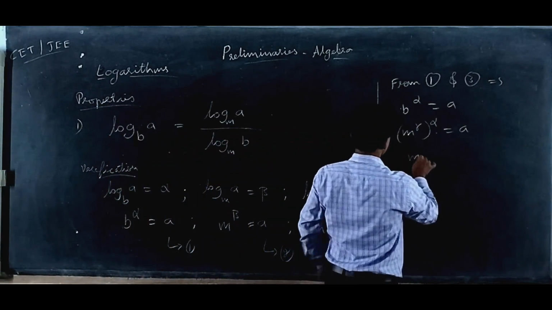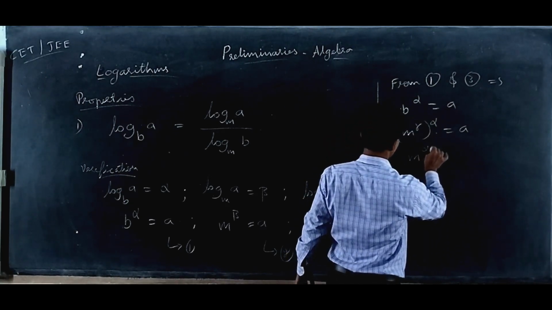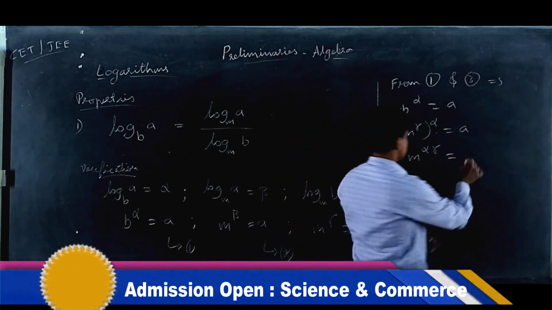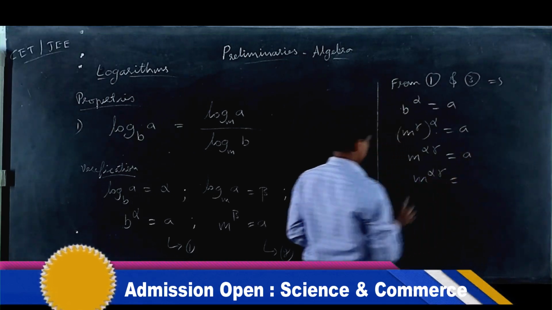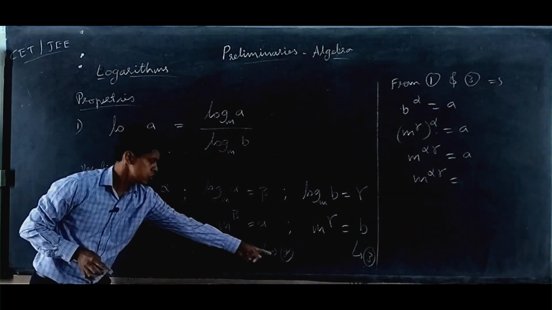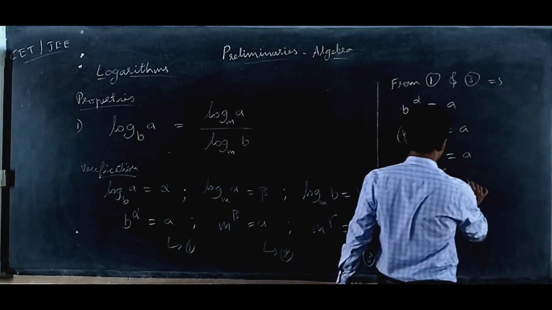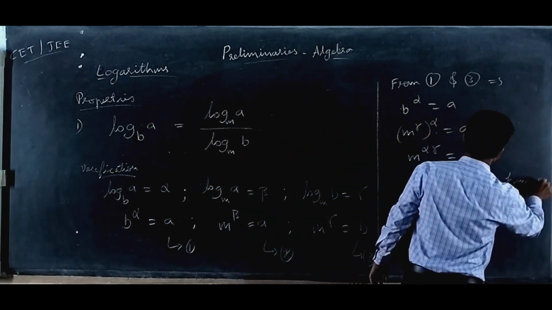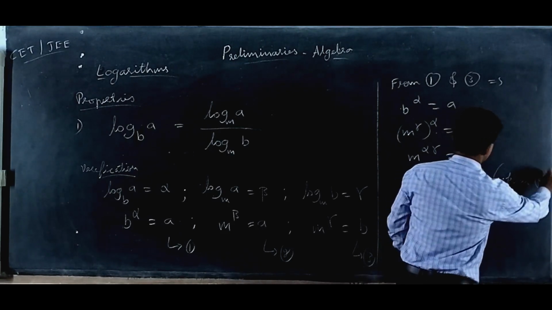The indices formula will tell you that this is alpha into gamma. These must be multiplied, that's it, correct? And this is a. Now this a from equation 2 is equal to m raised to beta. So this is m raised to beta, and that is from second equation.